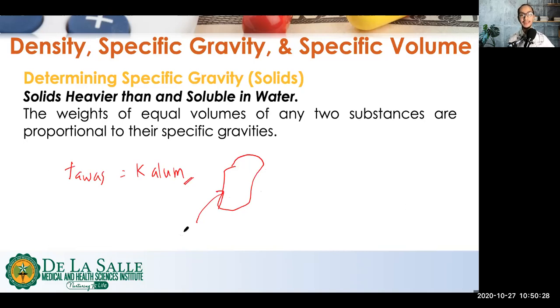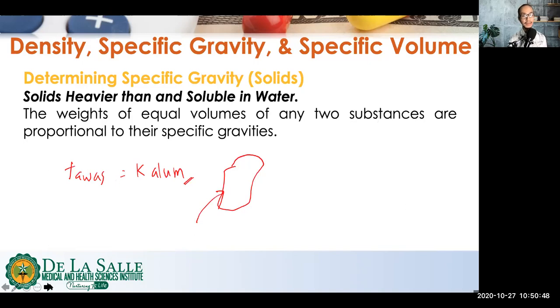Now, take note that the weights of equal volumes of any two substances are proportional to their specific gravities. Now, if we know the specific gravity of the oil, we can already determine the specific gravity of any object that is immersed in it.